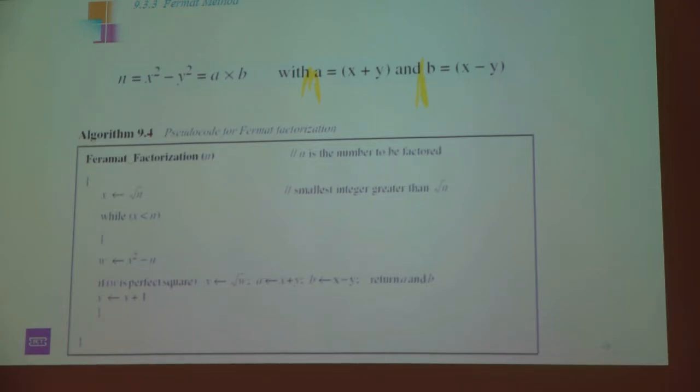It starts from the smallest integer greater than x, where x is the root of n, and tries to find another integer y such that the relationship holds: y squared equals x squared minus n.